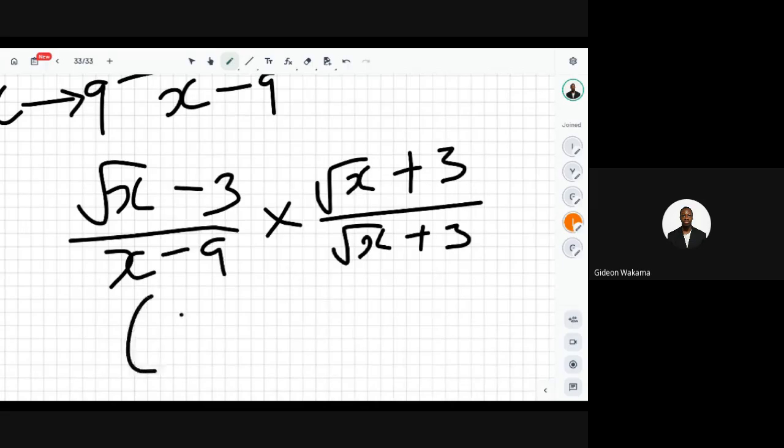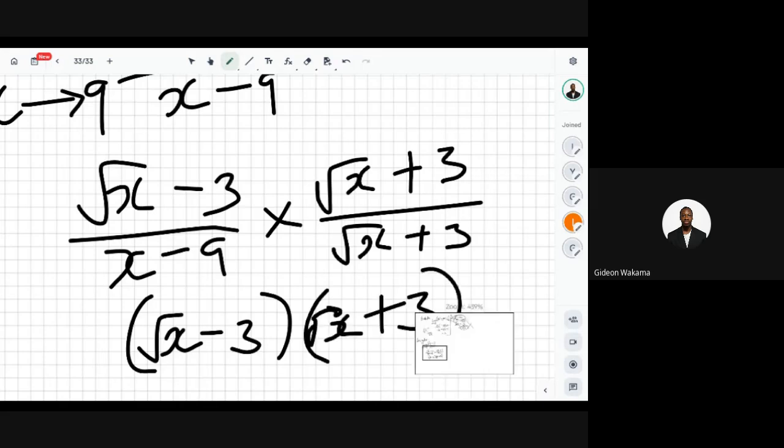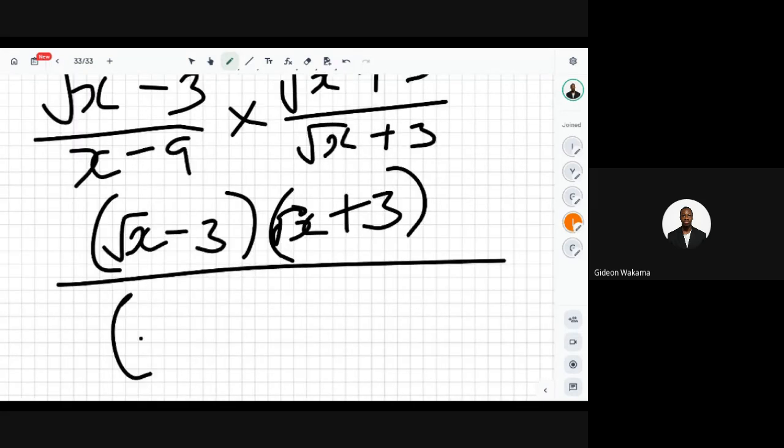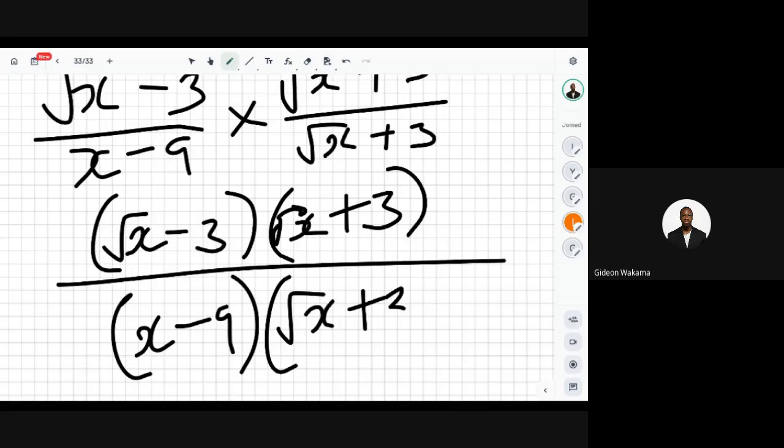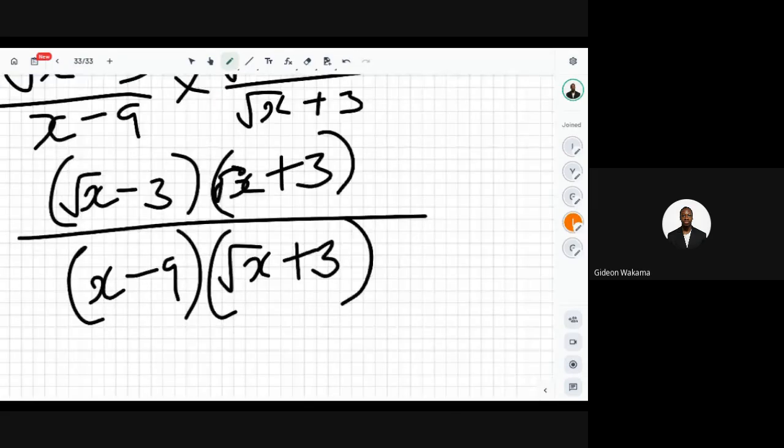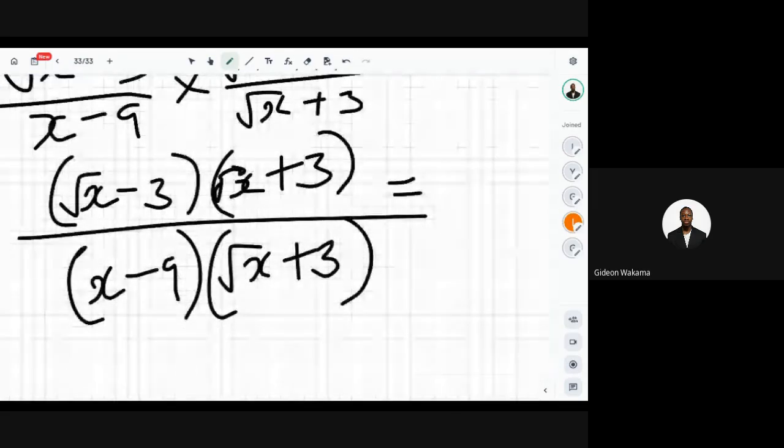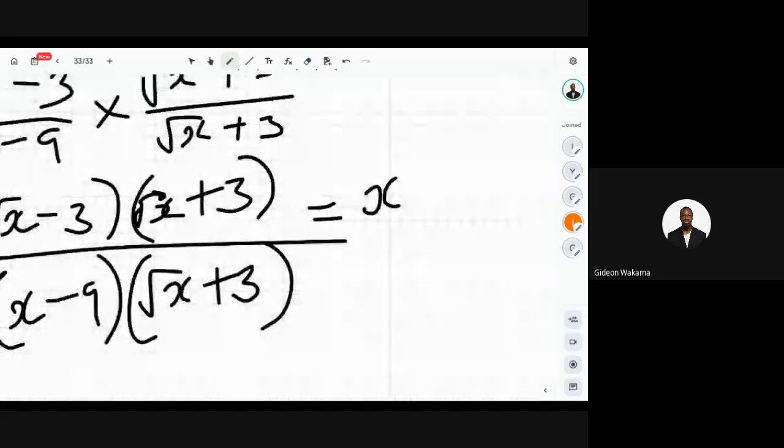So this becomes a difference of 2 squares. I have minus 3, and then I have root x plus 3, and then over I have x minus 9 times root x plus 3. And then root x times root x cancels out, with the difference of 2 squares.